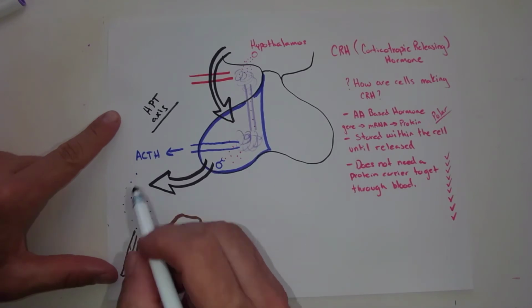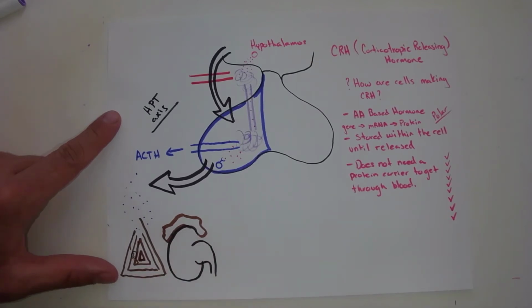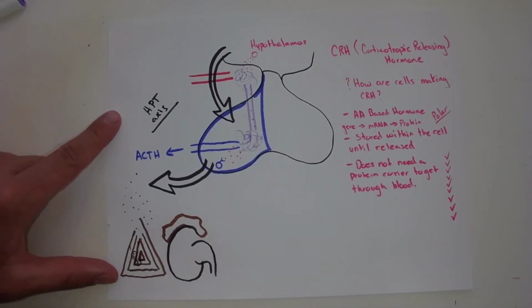The ACTH affects layer 2 strongly and layer 3, but very little effect on layer 1. Layer 1 produces the mineralocorticoids like aldosterone. Layer 2 produces the glucocorticoids like cortisol. And layer 3 produces the gonadocorticoids.